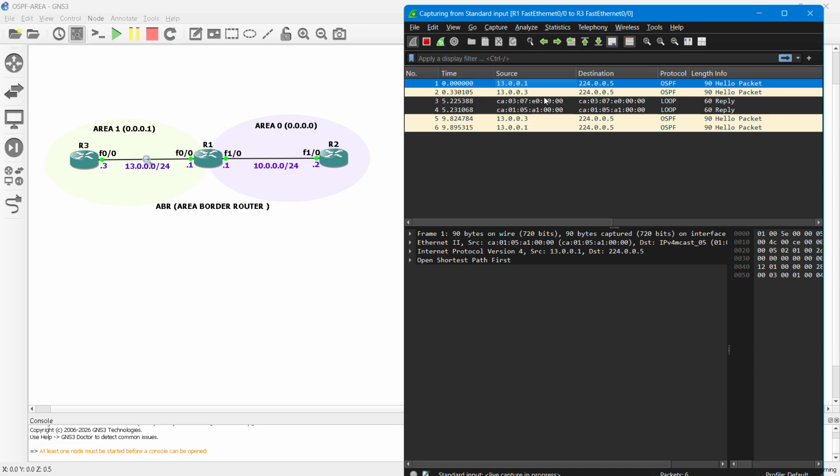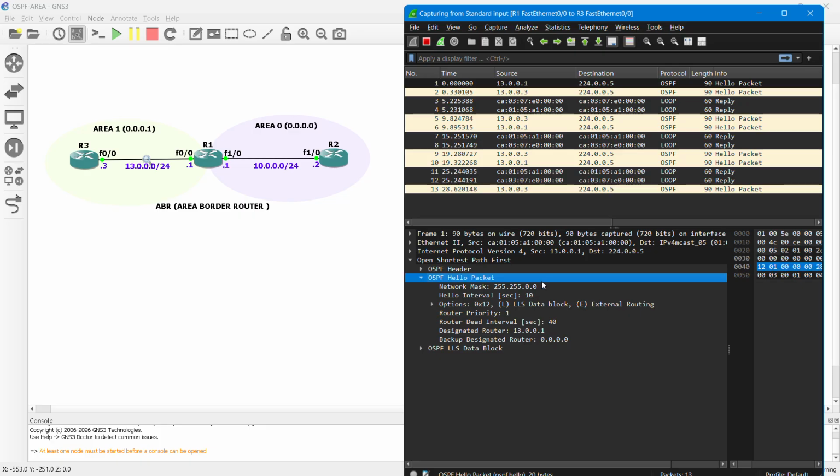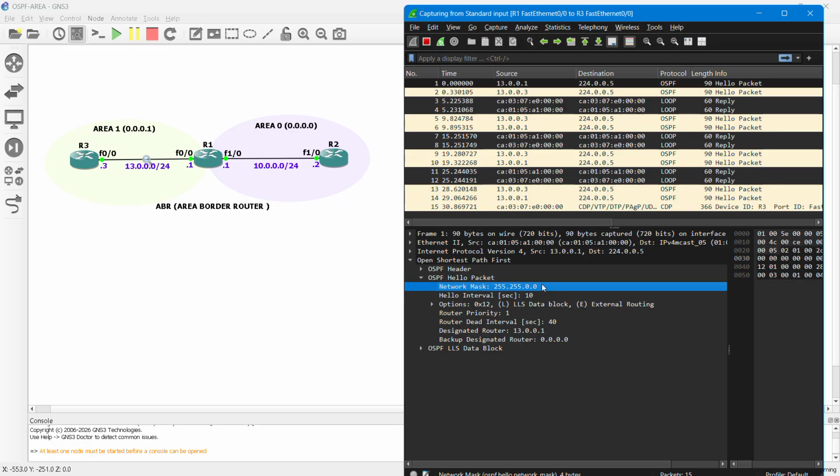Okay, let's look at what R1 is having. So as you can see, R1 is having this subnet mask 255.255.0.0.